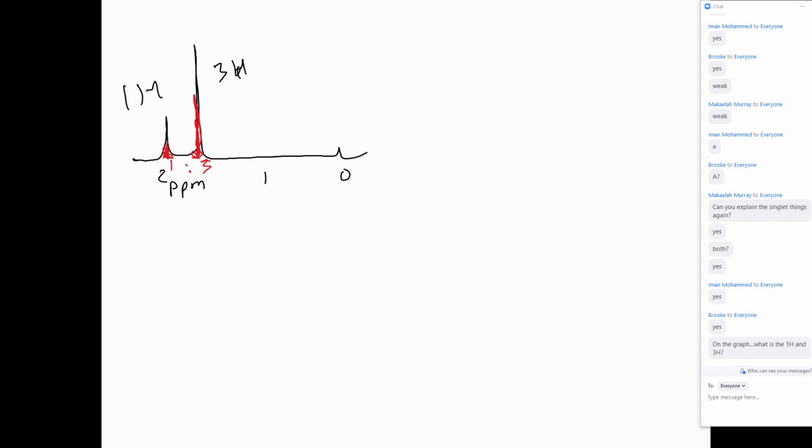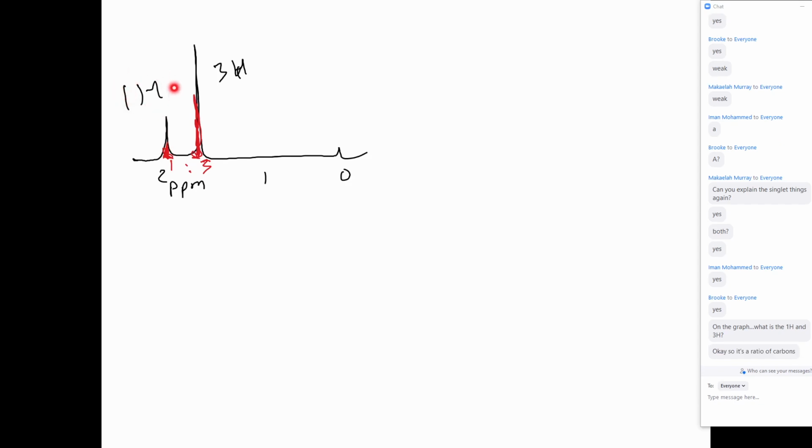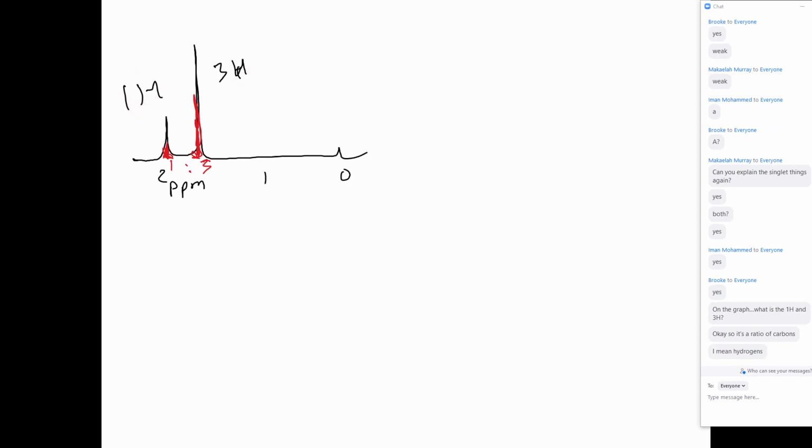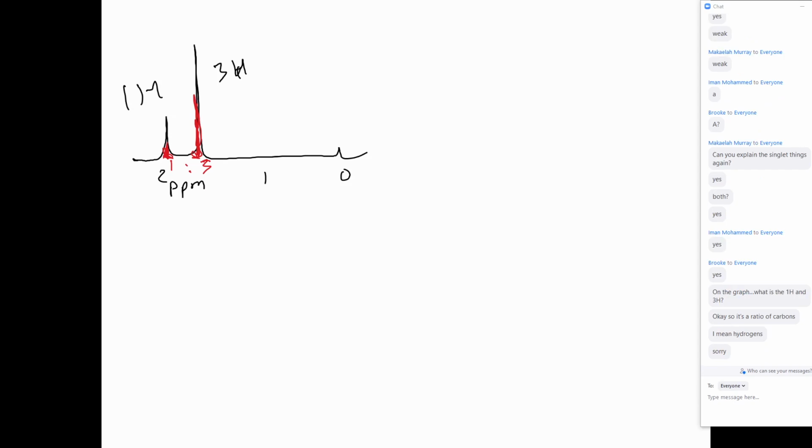It means this peak is caused by the total number of hydrogens that are in a 1 to 3 ratio. Not a ratio of its carbons, a ratio of its hydrogens.